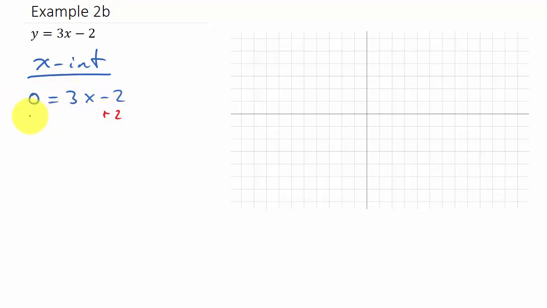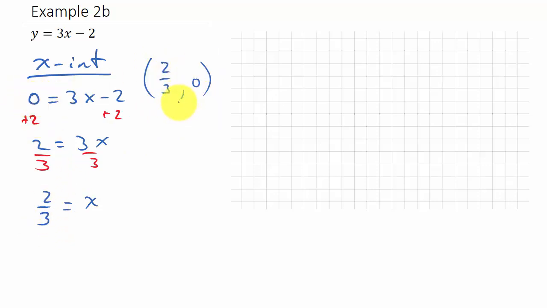So I'm going to add 2 to both sides, and that's going to give me 2 equals 3x, and then I'll divide everything by 3. And so that's going to give me x is equal to 2/3. So my point is (2/3, 0). That's what x is, and I replaced y with 0.